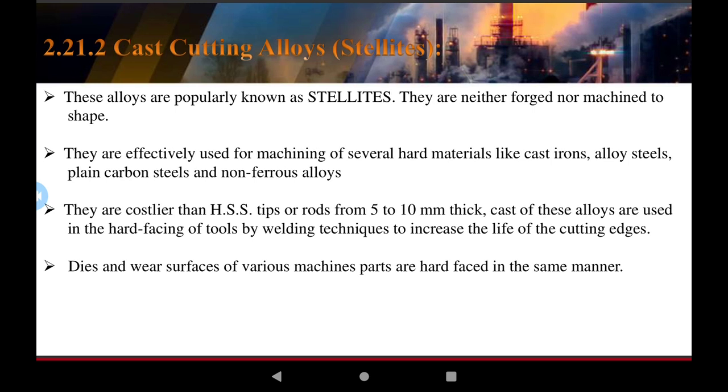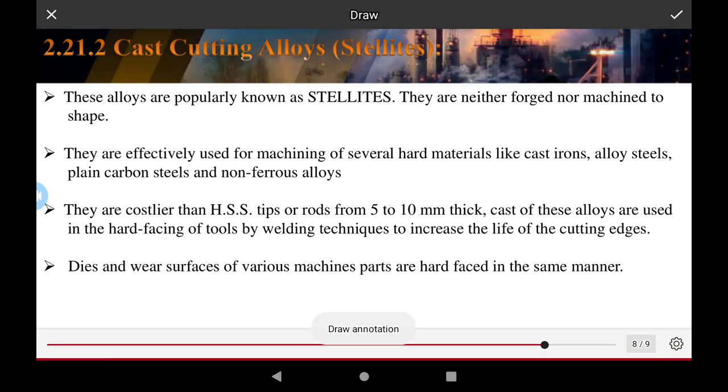Cast cutting alloys. These alloys are properly known as Stellites.